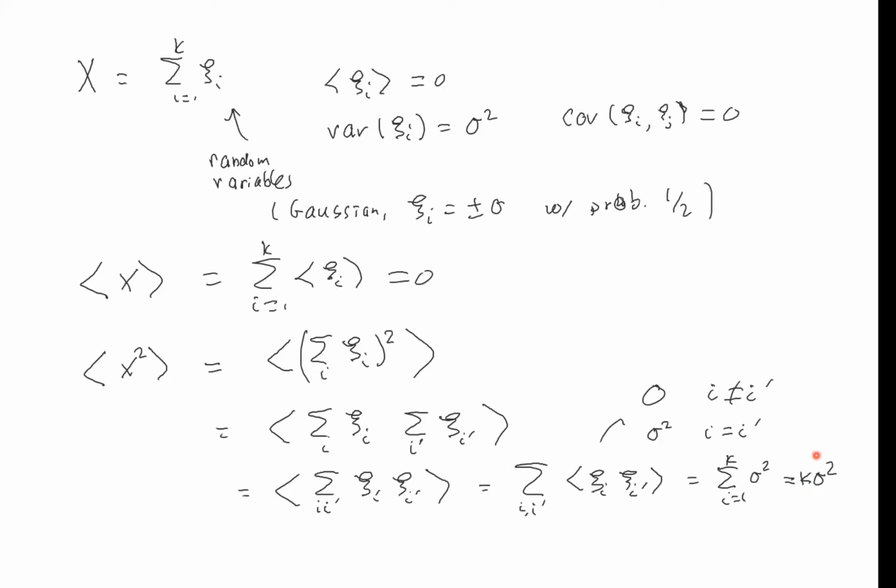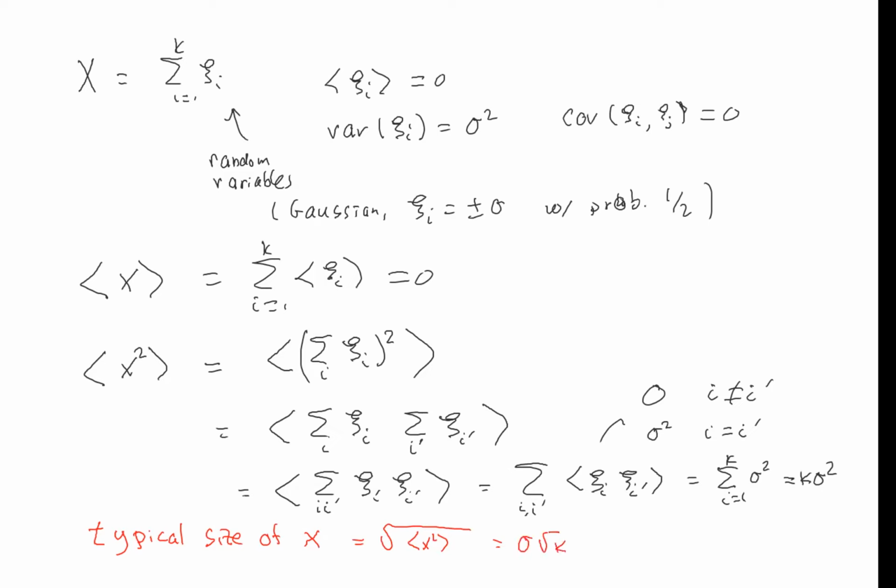So the square root, so the typical size of x equals the square root of the average value of x squared equals sigma times the square root of k.